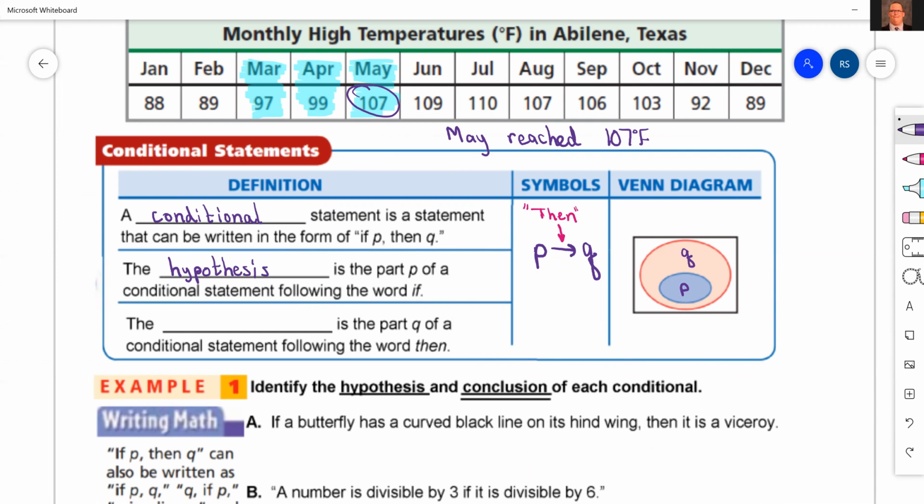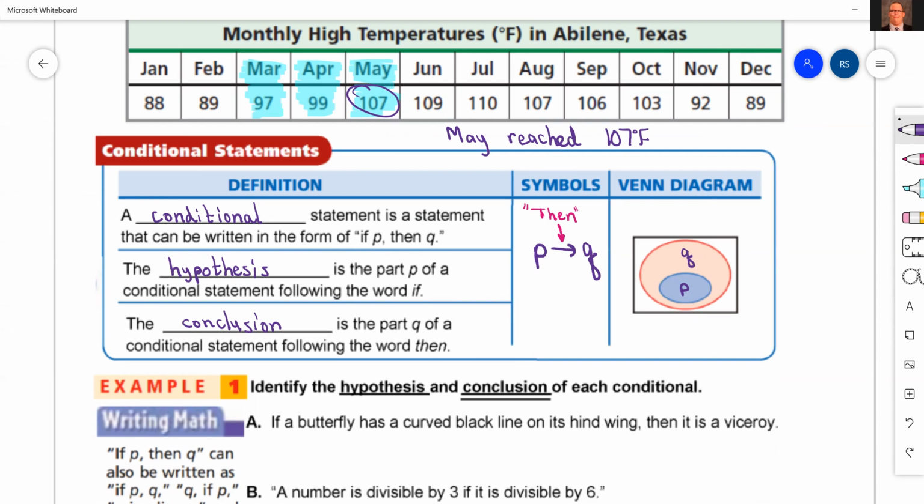The hypothesis is the part P of a conditional statement following the word if. The conclusion is the part Q of a conditional statement that follows the word then.